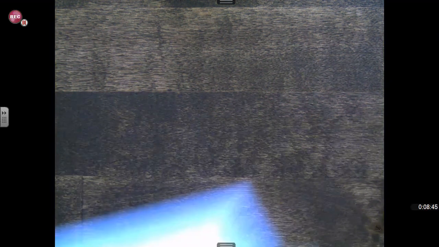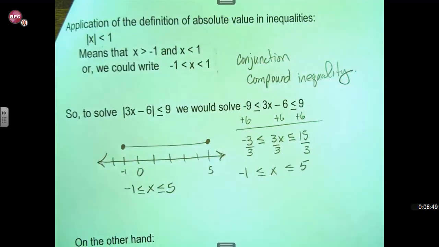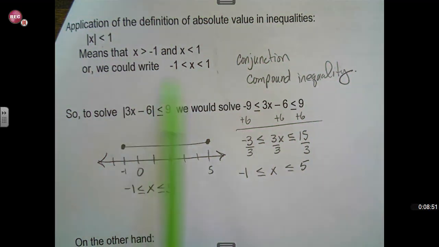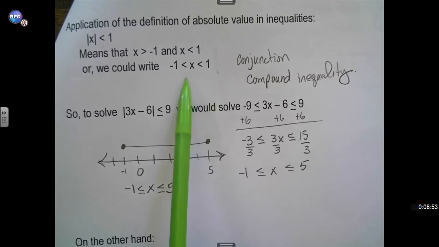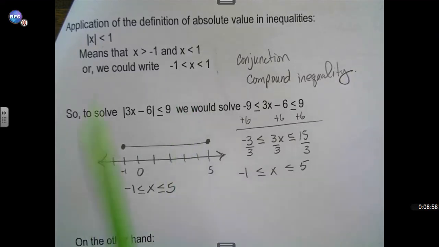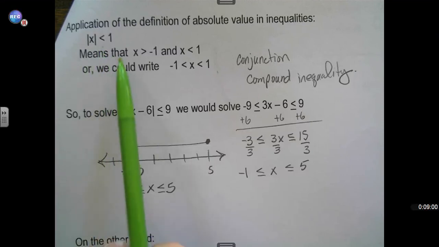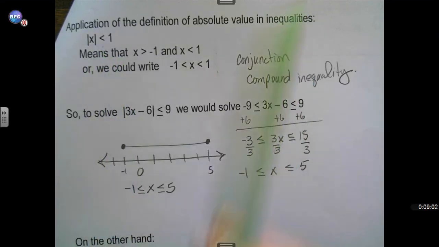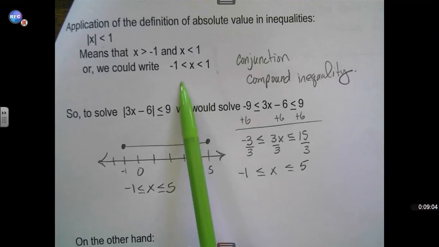Really, that's pretty much it. The hardest part of it is just knowing when to write it with the x in between and when to write two different inequalities. Less than is kind of an and, so I'm writing a compound inequality with and.